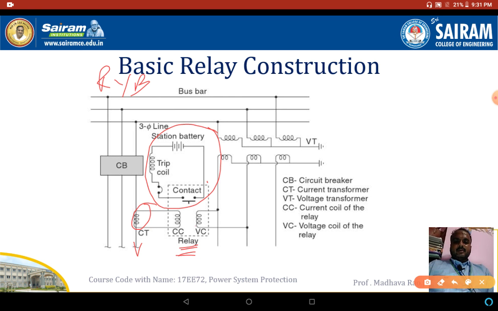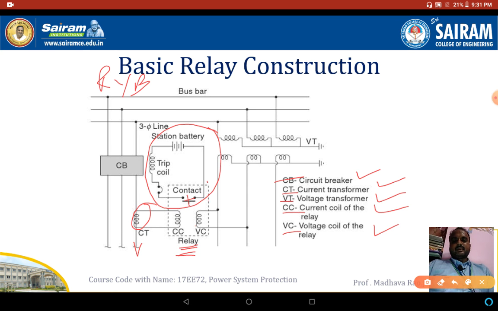So again, what will happen? The relay consists of contacts and these devices. So it will act again. Similarly, the circuit breaker will activate and isolate the fault. Here these are the abbreviations of the diagram: CB is circuit breaker, CT is current transformer, VT is voltage transformer, CC is current coil of relay, and VC is voltage coil of relay.